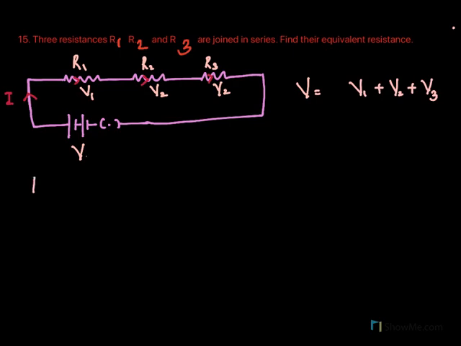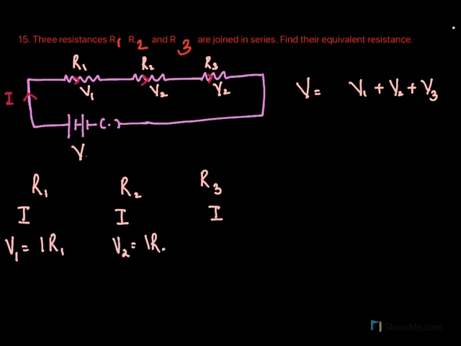Now for R1, and we'll calculate then for R2 and then for R3. For all of them the current is the same, because in series current remains same. Here we have V1, Ohm's law, I R1. Here V2, I R2, the current is same.